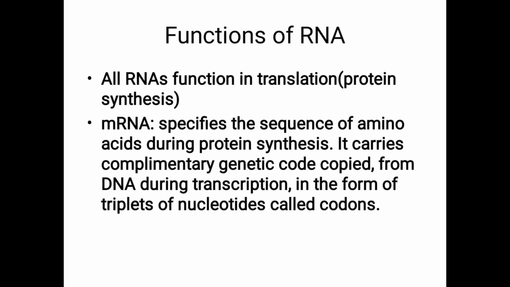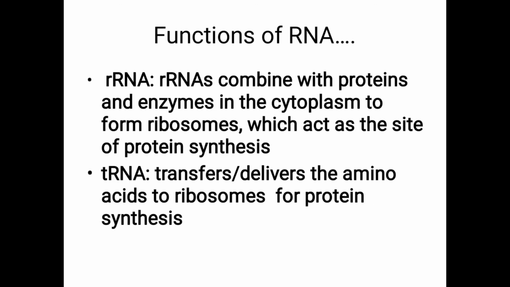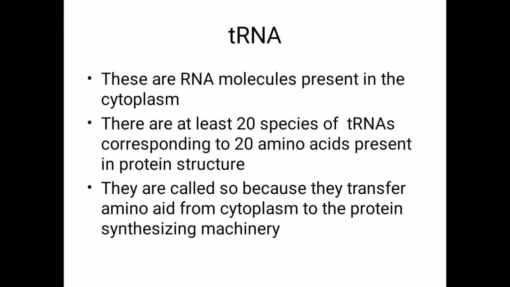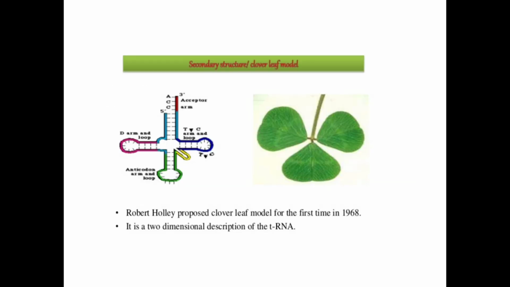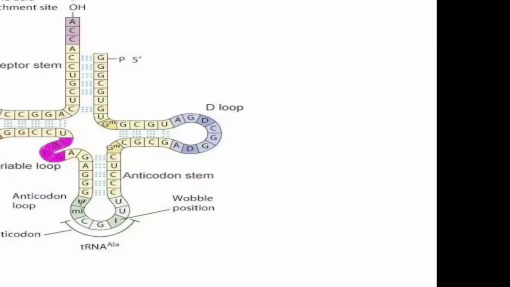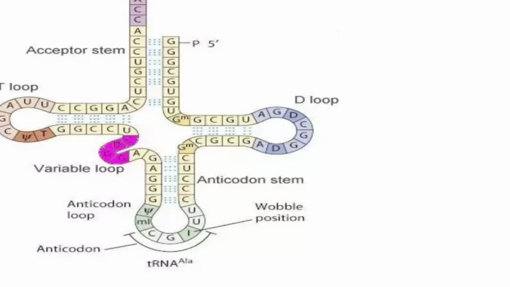Functions of RNA, translation. The other details you need not bother about, but you should be aware of tRNA. tRNA is transfer RNA. These are RNA molecules present in the cytoplasm.